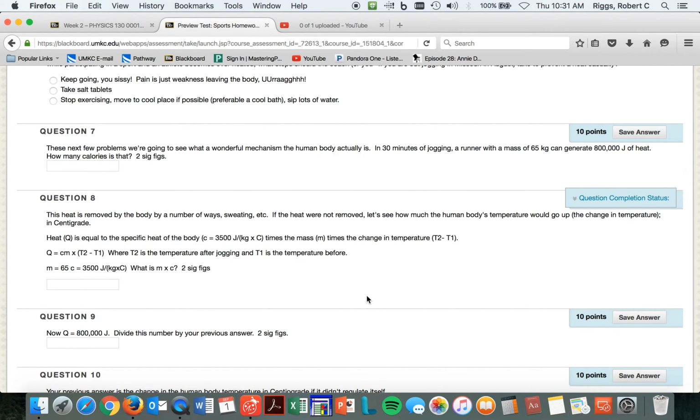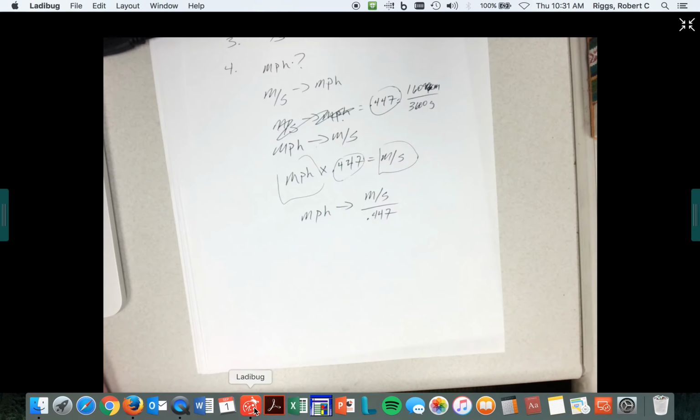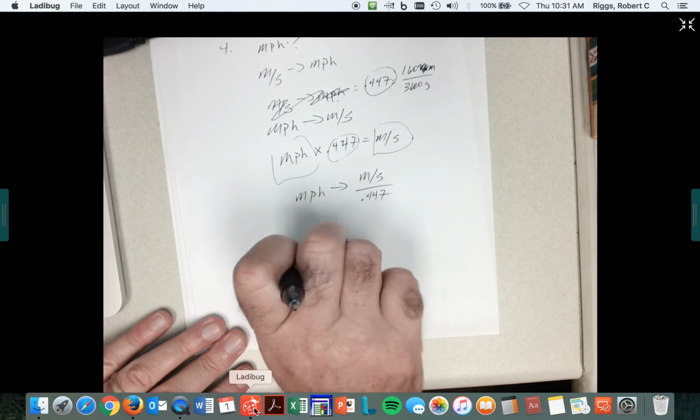The next few problems, you're going to need help with. Heat is removed by the body in a number of ways, sweating, for example. If the heat were not removed, let's see how much the human body's temperature would go up, the change in temperature in centigrade or Celsius. Here's the equation for question 8, because this is kind of tricky.